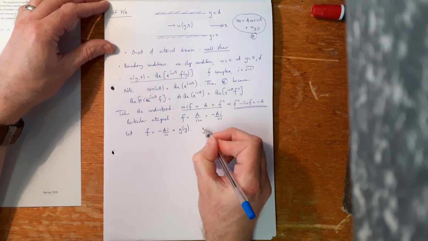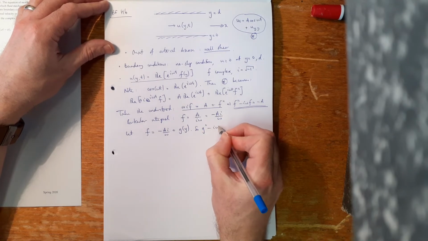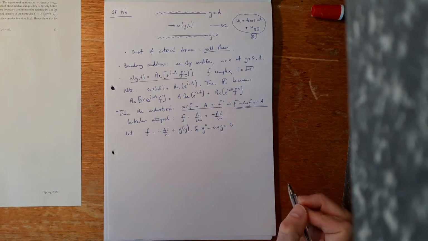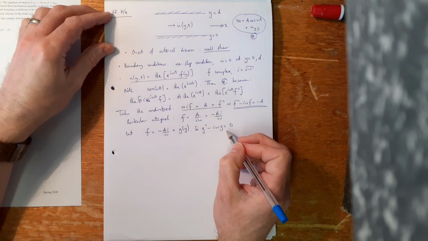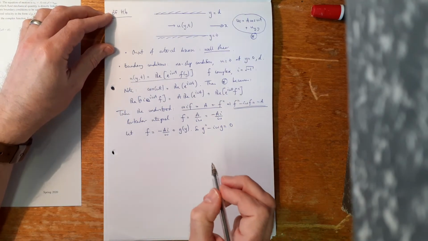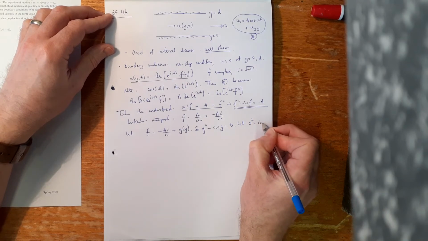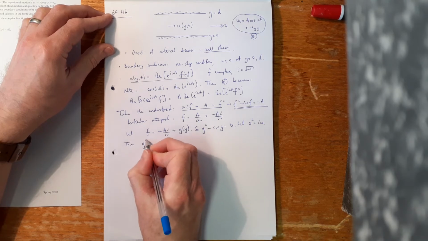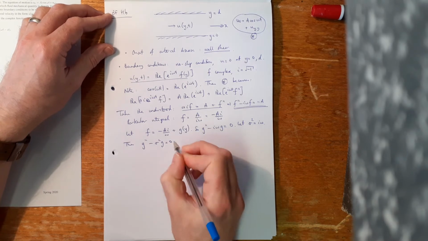So we'll be left with g double dash minus i omega g is equal to 0. Okay, so then let's make a new definition. Let sigma squared be i omega. The reason for doing that is it tidies the equation up. So I've got g double dash minus sigma squared g is equal to naught.